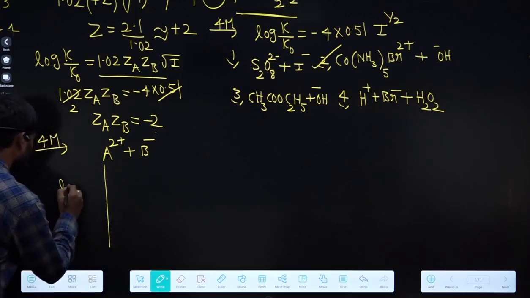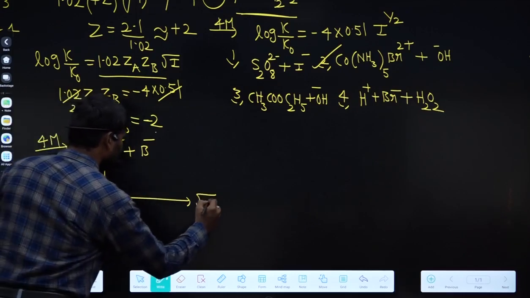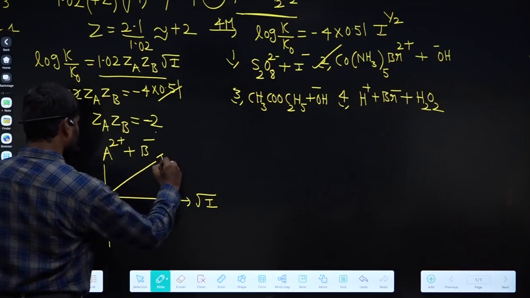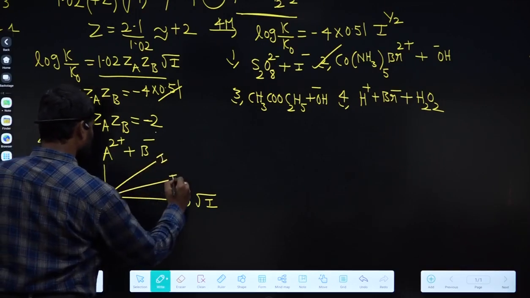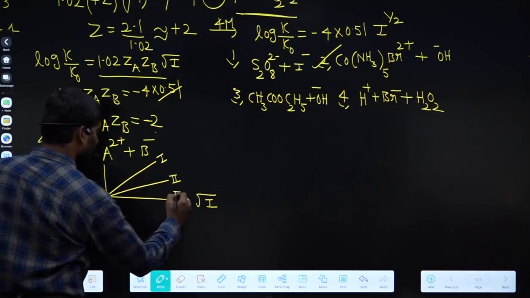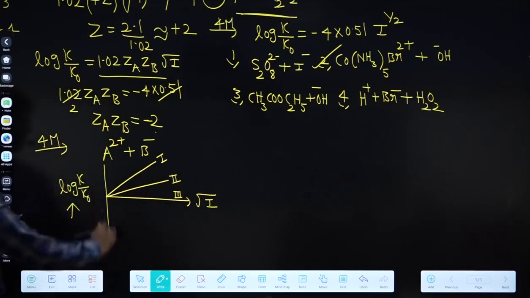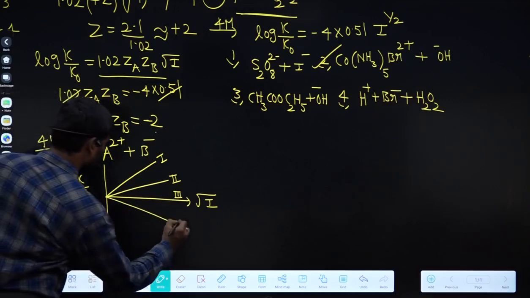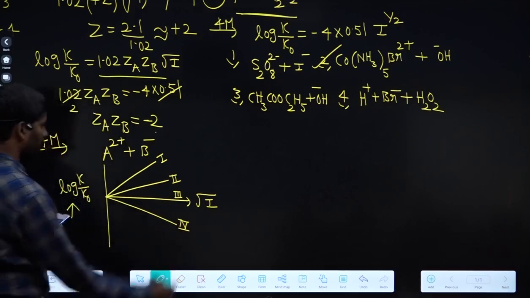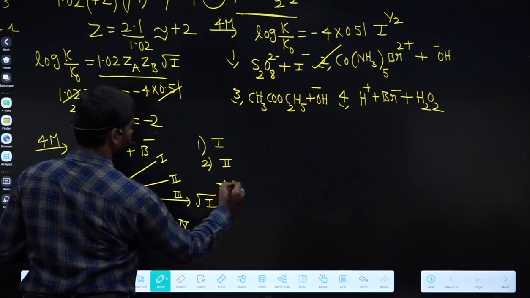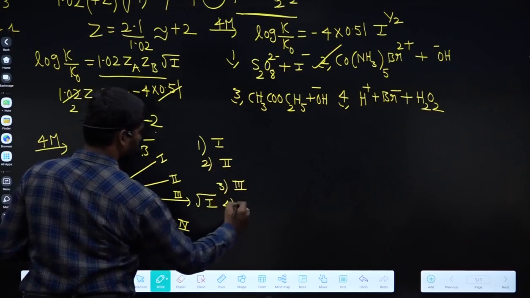Okay, this is the plot given: log K by K naught versus root I. Lines 1, 2, 3 and 4 are given as options.